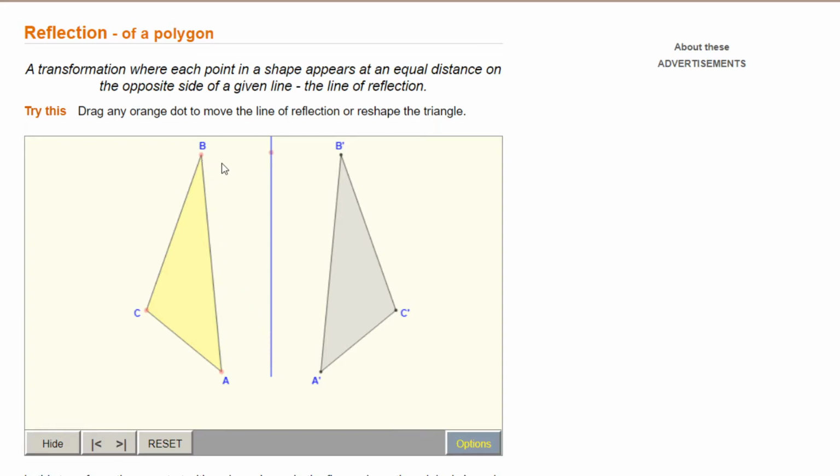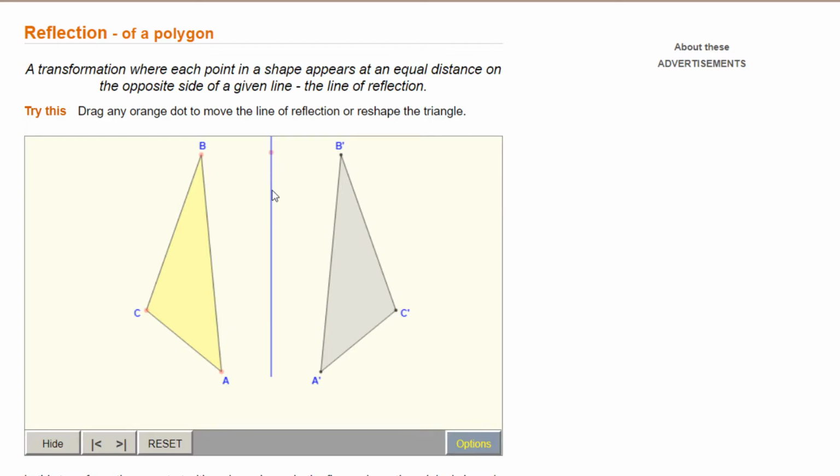Say point B is 15 centimeters away, then point B on our reflection is 15 centimeters away from our line of reflection. And if C is 25 from the line of reflection, then C on our reflection would be 25 centimeters from our line of reflection. So they're equivalent distances apart from this line of reflection.